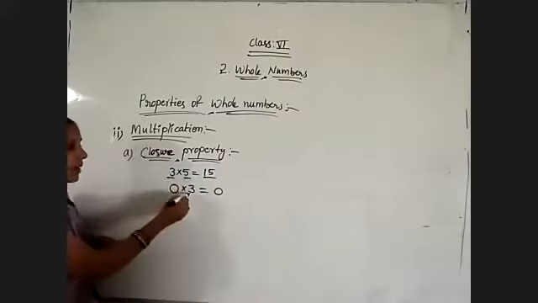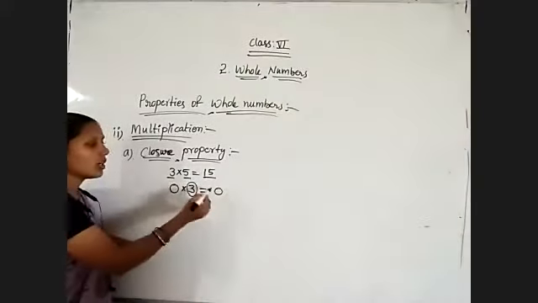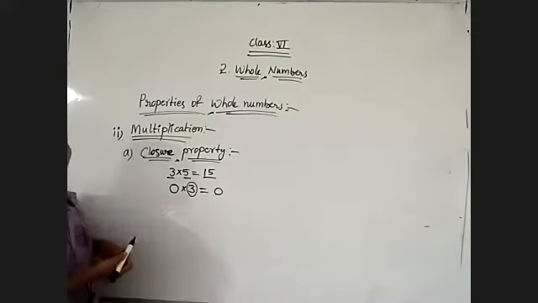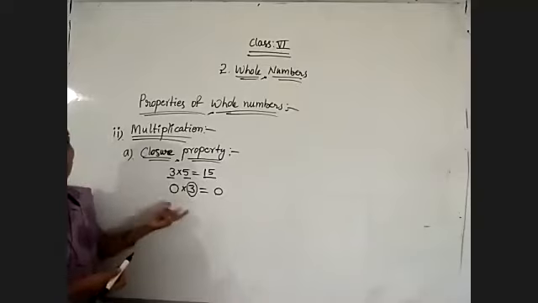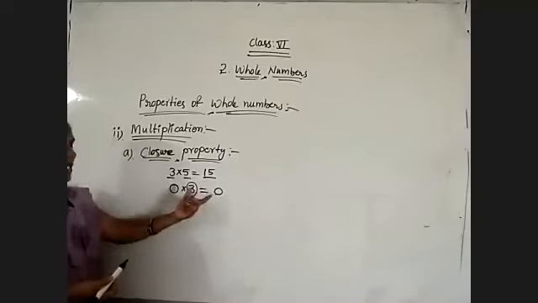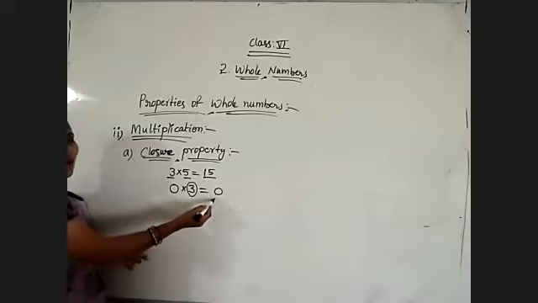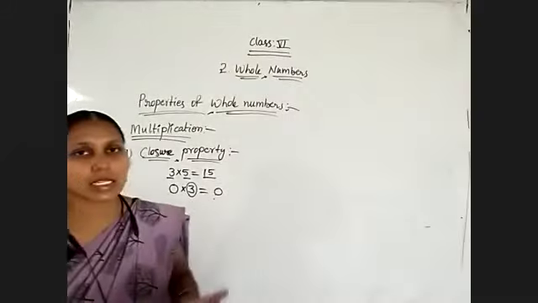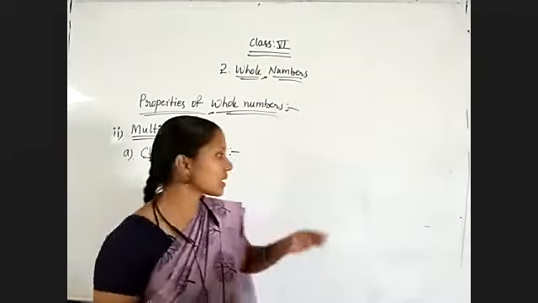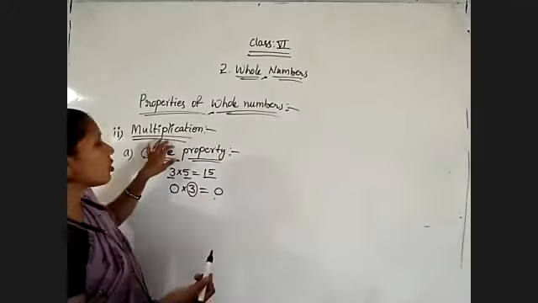Whenever you multiply any number by 0, the result is 0. So 0 is a whole number. That means if you are multiplying any two whole numbers, the result also is a whole number. That is the statement of closure property for multiplication.